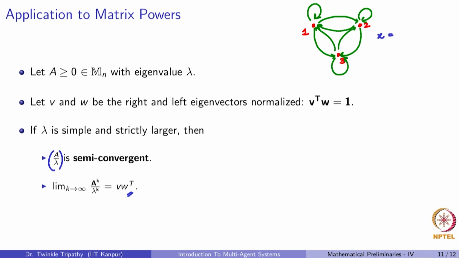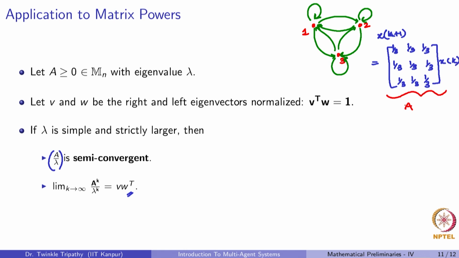X, which is a 3 cross 1 vector, its iterations are simply given by this. Notice that a matrix A here, if you do all the operations, we can simply see that it's a positive matrix.